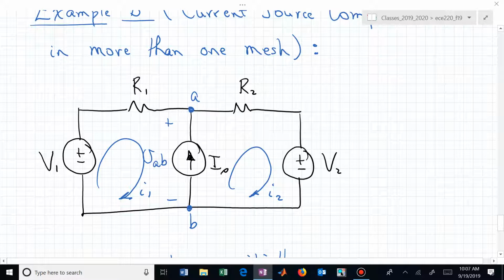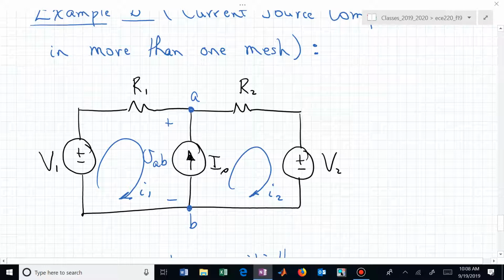We're going to have a constraint, just like we had a constraint equation when we were doing node voltage analysis and we had a voltage source between our nodes. Now we have a current source shared across two meshes. That's going to give us a constraint equation that we will be able to use, because right now we don't know what the voltage drop is across that current source.